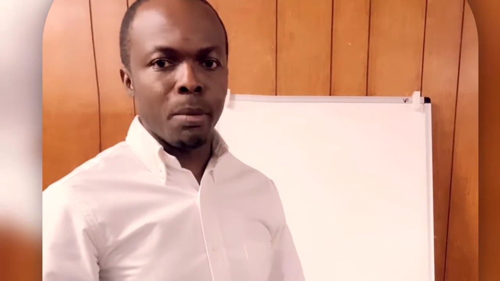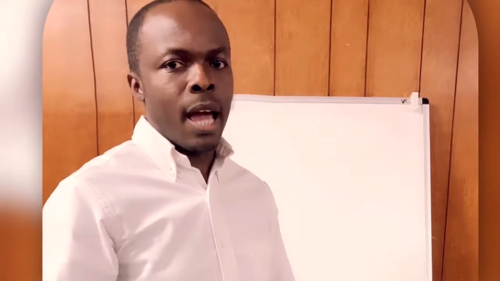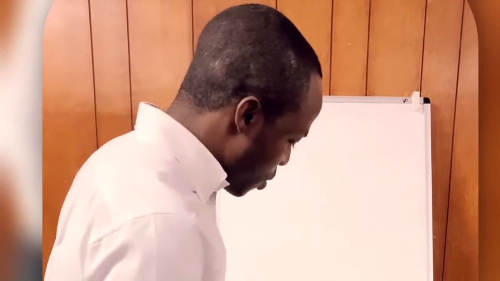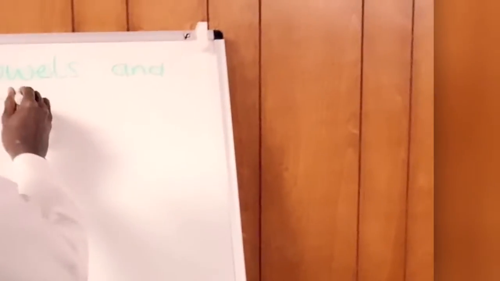The New Testament biblical language is Greek. Therefore, it's better you go back to lesson number 1, grab the alphabet, and then join us as we are doing the vowels and diphthongs.